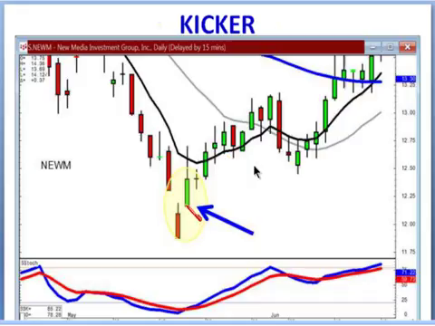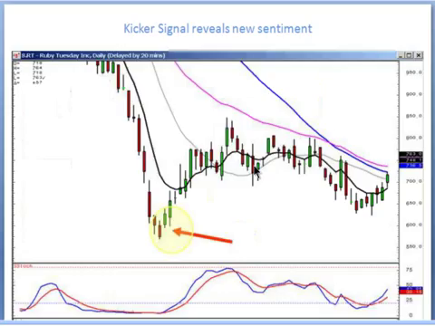As soon as I saw it trading, gapping up anywhere, I would just want to be a buyer. That's the whole different aspect: with most candlestick signals, you want to seek bullish confirmation. The kicker signal is the confirmation. It's telling you there's been a drastic change of investor sentiment.